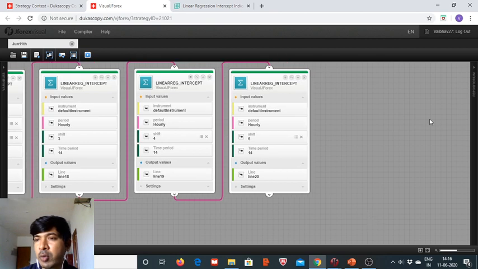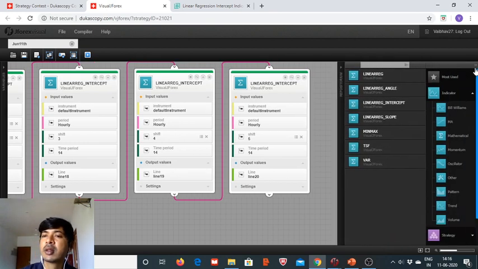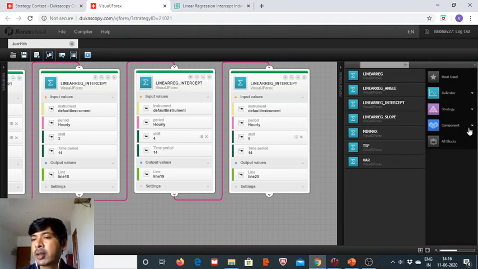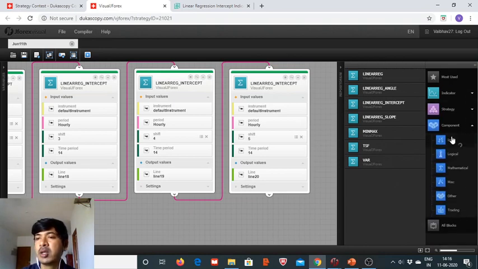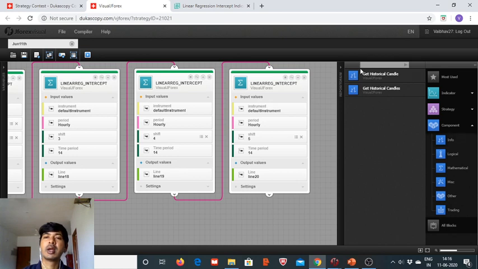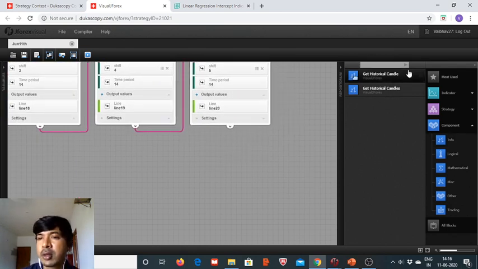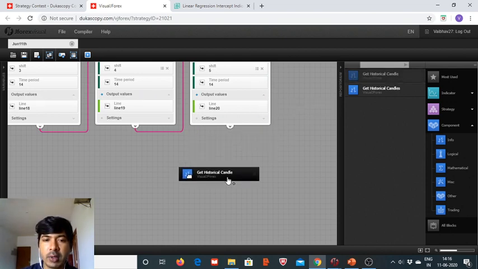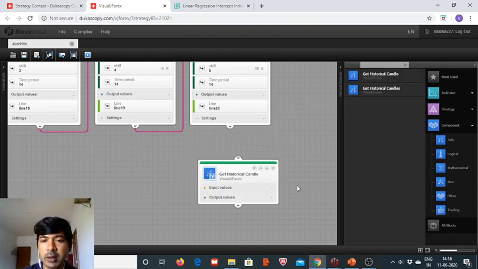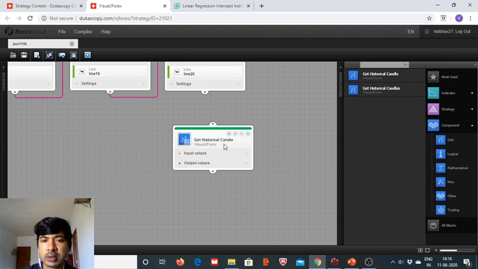Now is the time to bring in the equal number of hourly historical candle data. So we go back to the info components and we get 5 historical candles. And then we define them for 1 hour each.